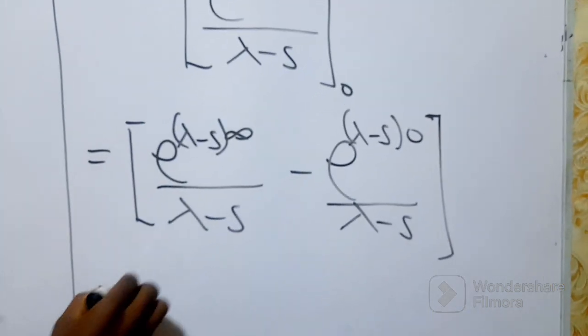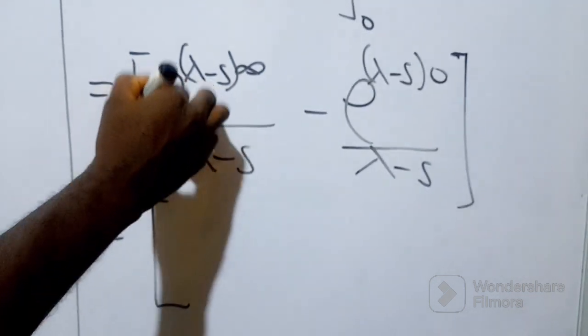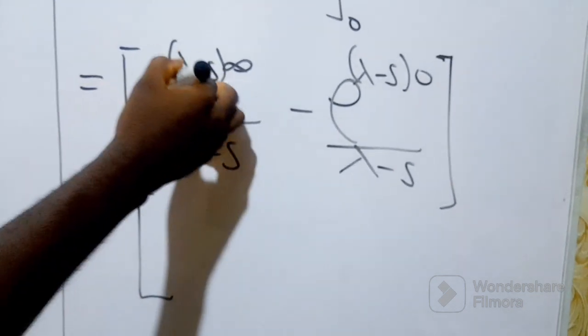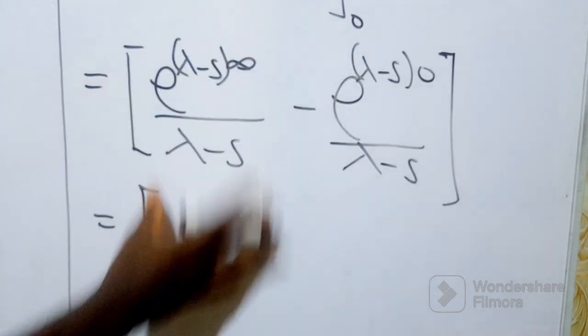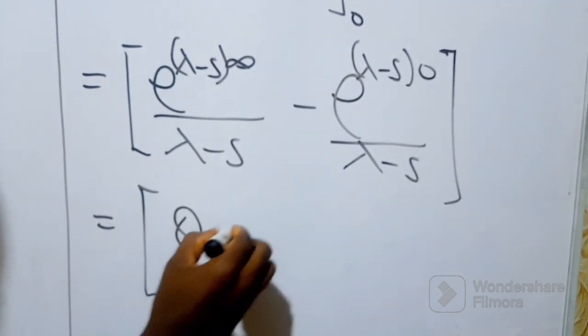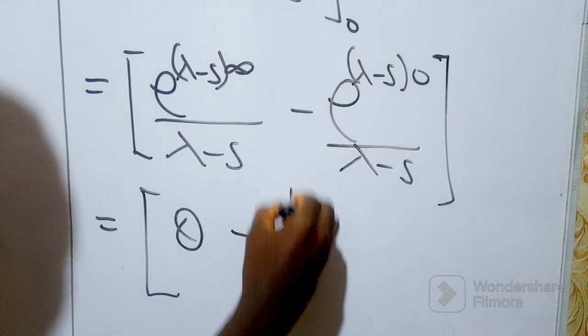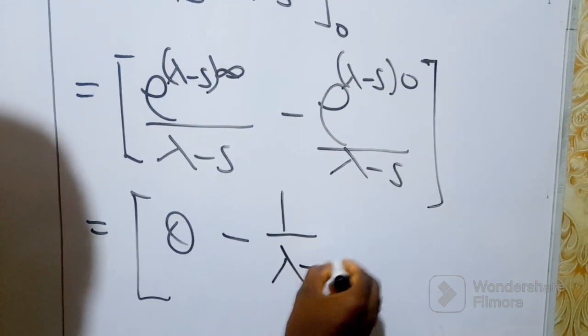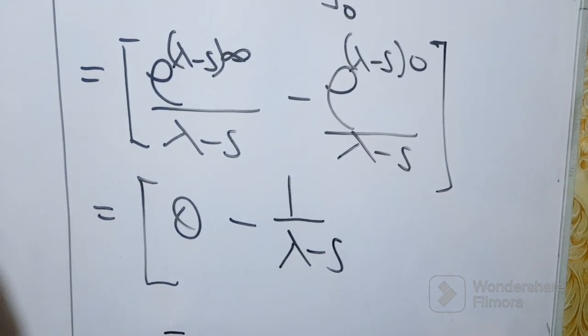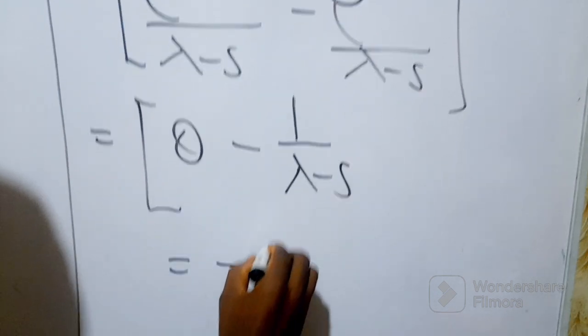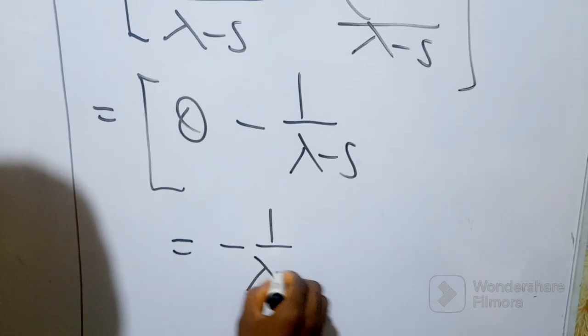So what are we having? When we manipulate this, the whole of this will be 0. So it says 0 minus, and this will be e exponent 0, which is 1. 0 minus 1 all over lambda minus s. So this will be negative 1 over lambda minus s.